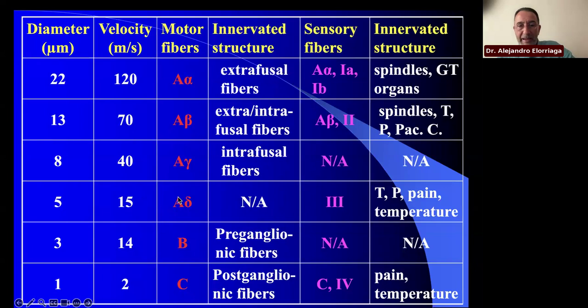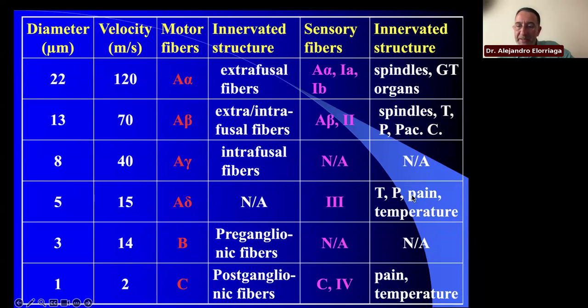That corresponds to the A delta fibers, which are equivalent to the type 3 sensory receptors that are involved in mechanoception, but could also contribute to a pain experience. It would be the fast pain, the sharp pain.